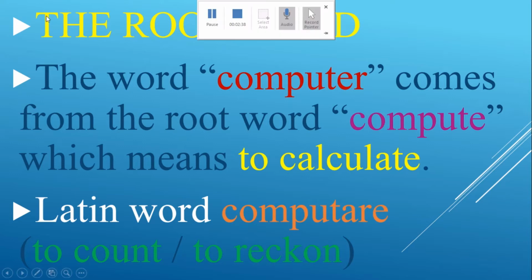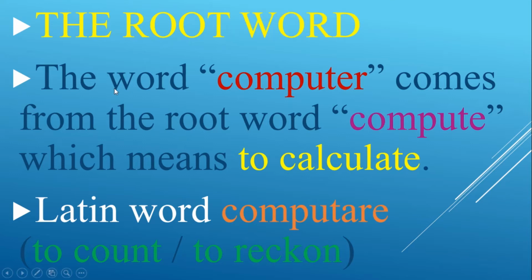Talking about the root word of computer, the word computer comes from the root word compute, which means to calculate. So we have the root word for computer, which is compute. Can anybody guess what string of letters is being added to the word compute, and was it a prefix or a suffix?